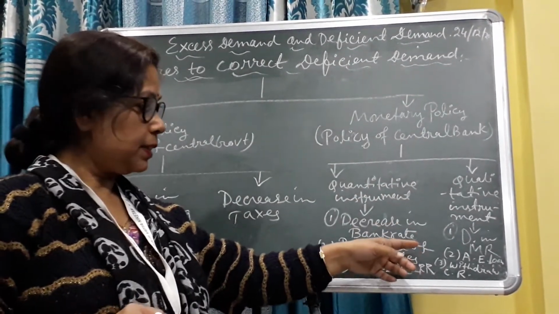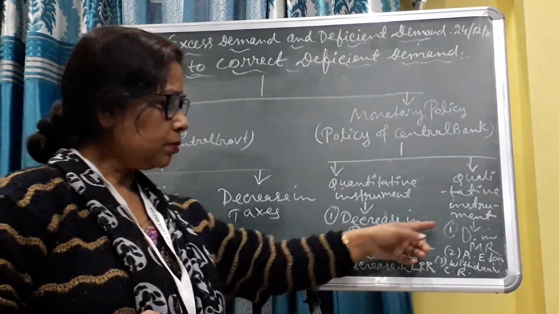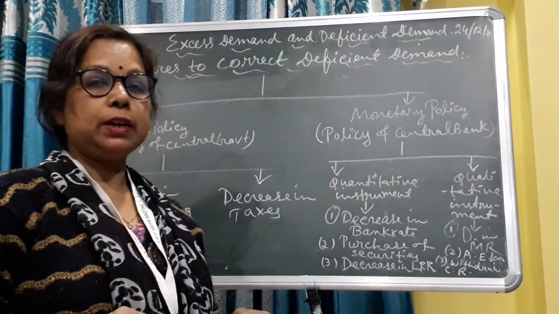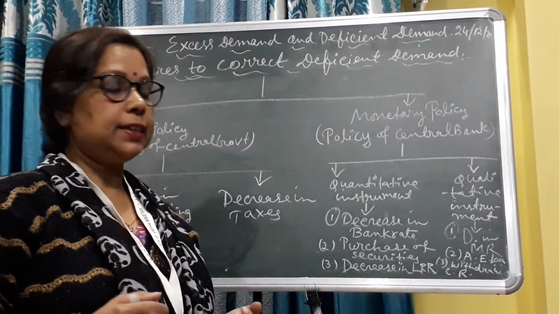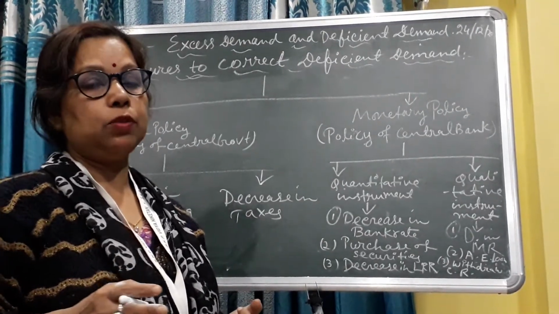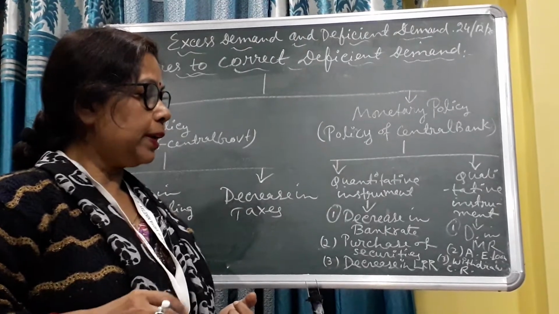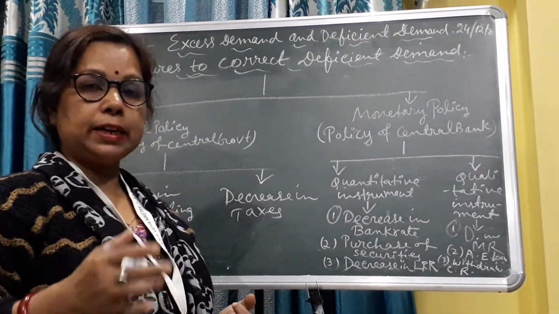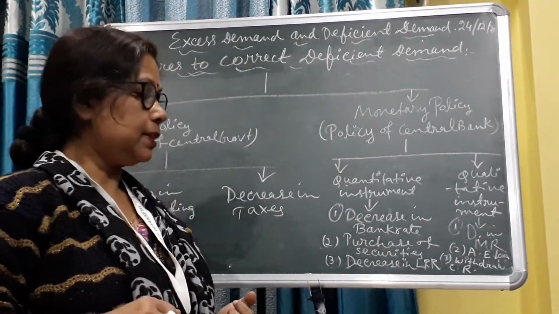Just now I completed that point. Here I have written in short form: decrease in margin requirements. Margin requirement is defined as the difference between the market value of the security offered and the actual value. So when the margin requirement reduces, automatically the money supply increases.